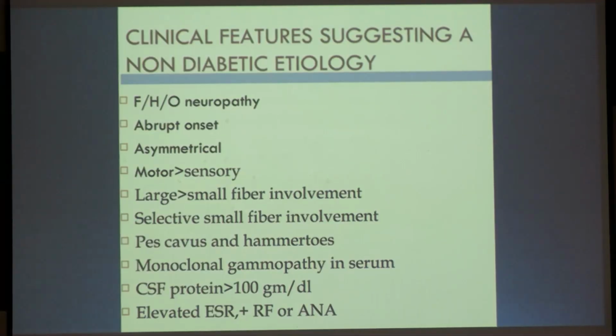And lastly, monoclonal gammopathy or other disorders may be present, or changes in the CSF protein concentration, or changes in the serological test state for some other diseases. So all these features are necessary for exclusion of neuropathy in diabetes mellitus or diabetes mellitus complicated by neuropathy.